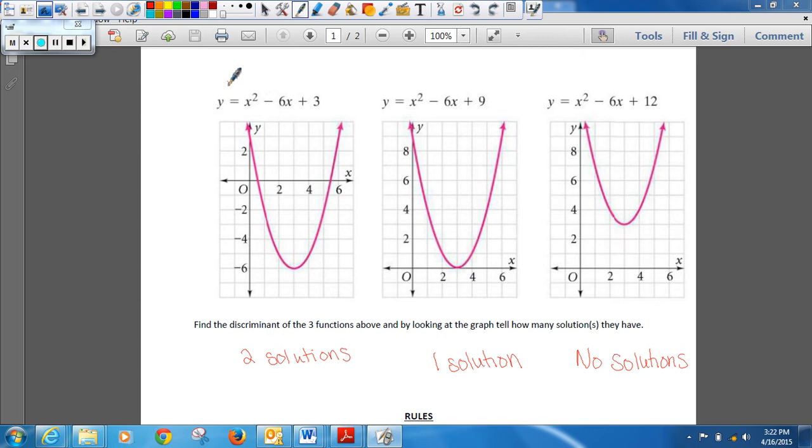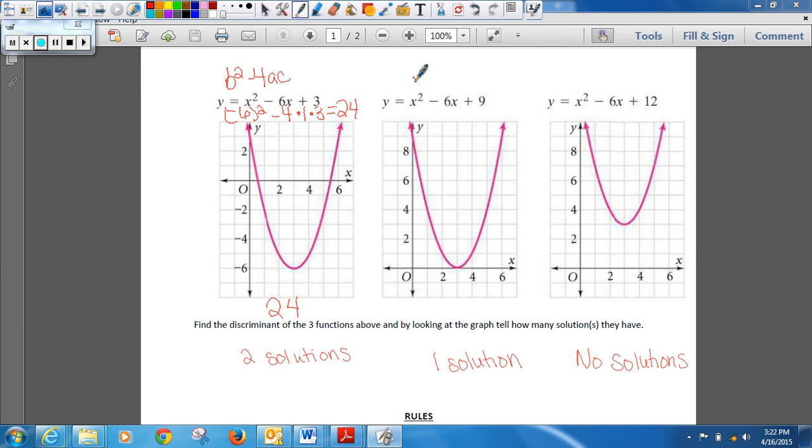The discriminant, remember, is b squared minus 4ac. So on this first one, negative 6 squared minus 4 times a times c gives me 24. So my discriminant here is 24.